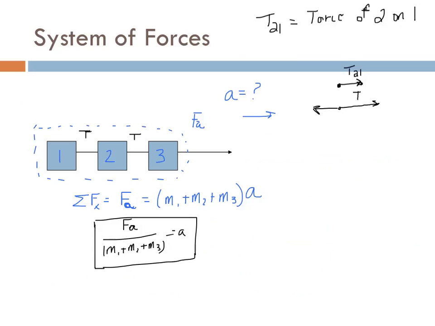So for this one, I have the force of 3 on 2. And this one's the force of 1 on 2. So I can already start seeing that F21 and T12 are the same in magnitude.